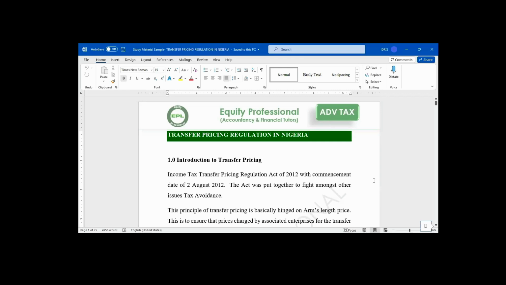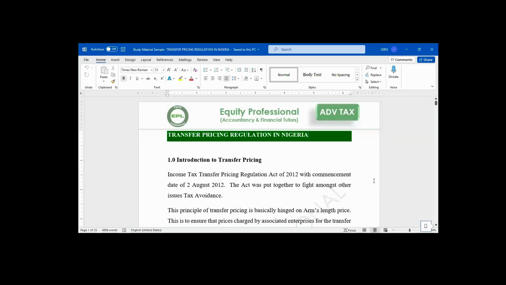In Nigeria, transfer pricing regulation started in 2012 by the Transfer Pricing Regulation Act 2012, precisely August 2nd, 2012.